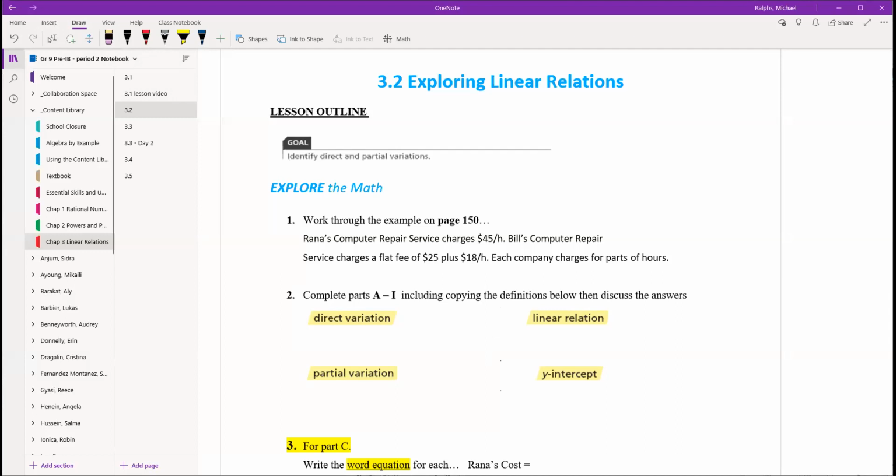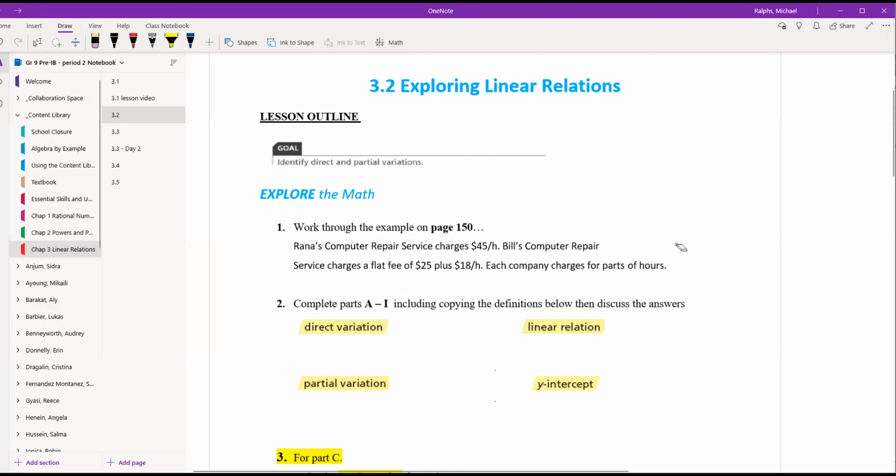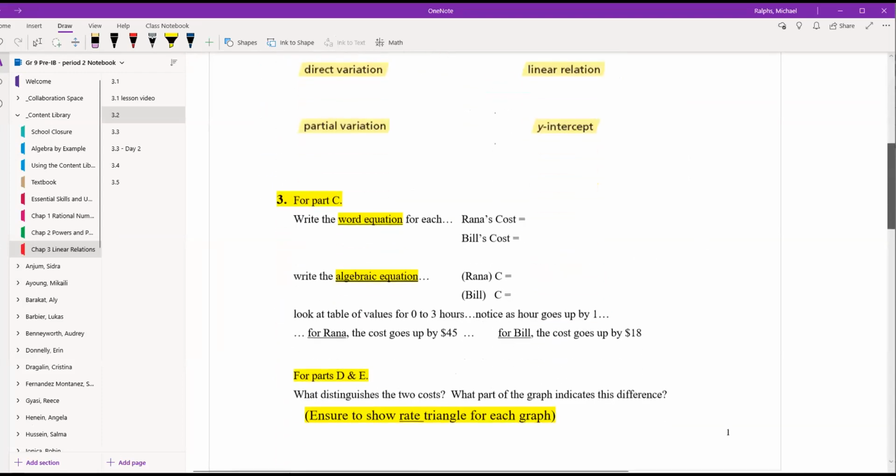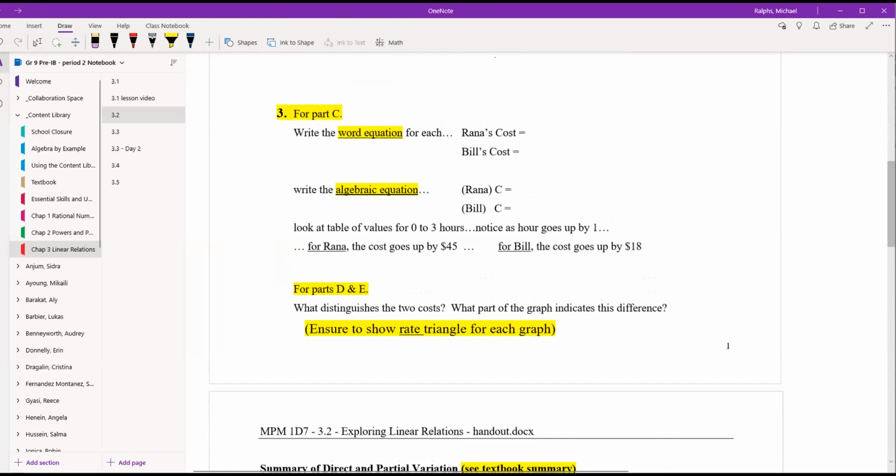Why is this not moving? That's interesting. I'm trying to move this, but it does not want to move for me, and I don't know why. I'll have to scroll. There we go.